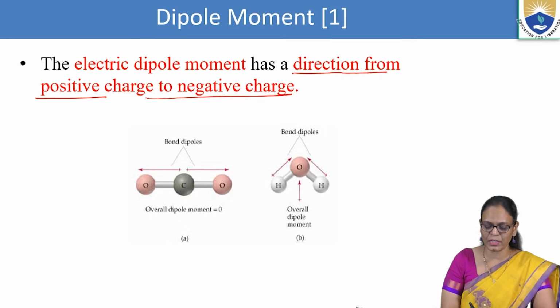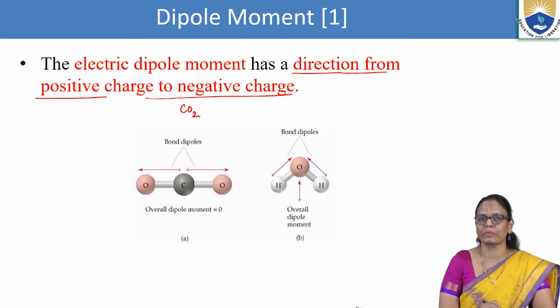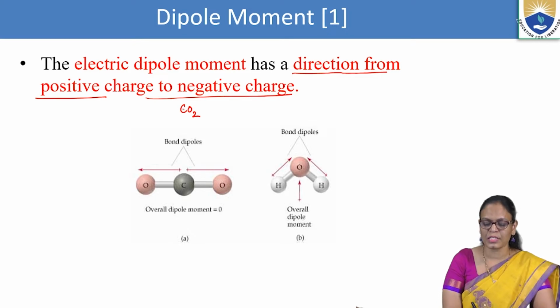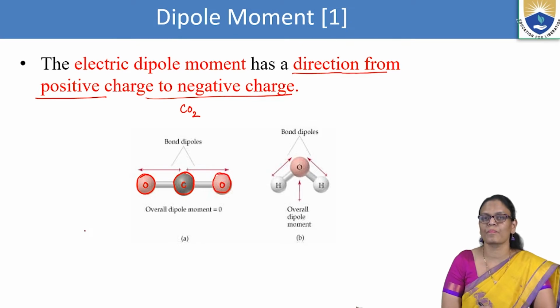We have taken the molecule CO2, the carbon dioxide molecule. So here C is positive and O is negative. I have taken C here, the positive charge, and O here, and here we have two oxygens.